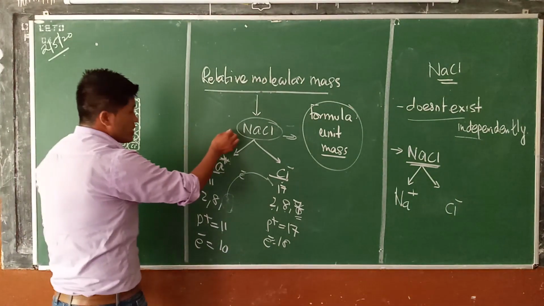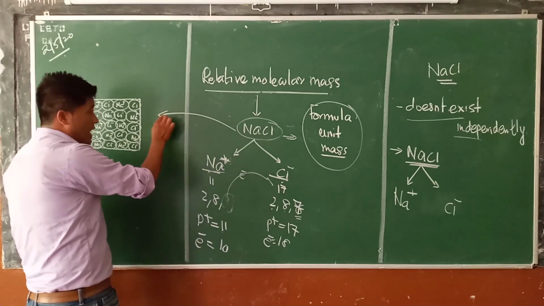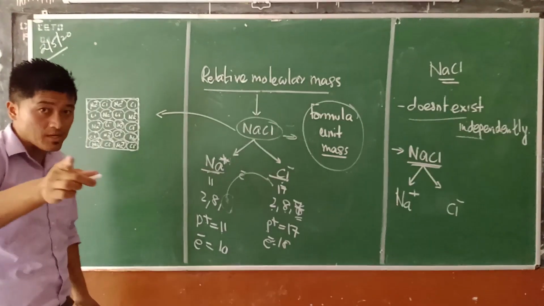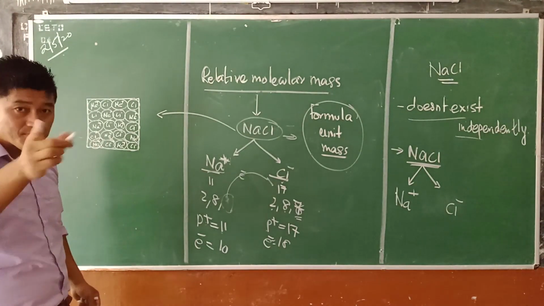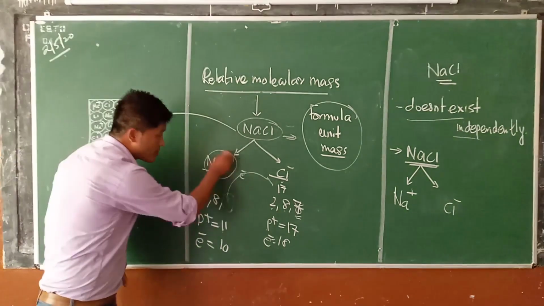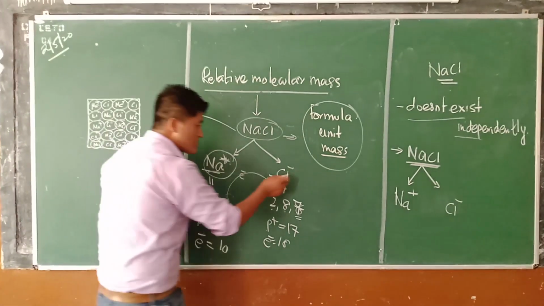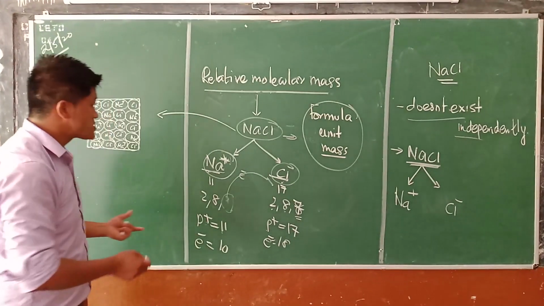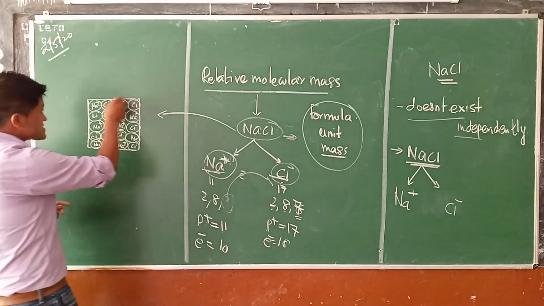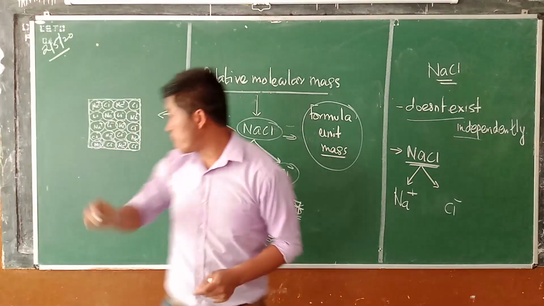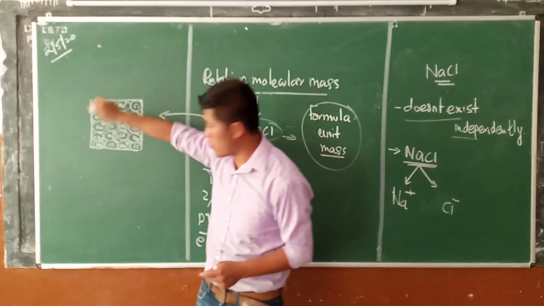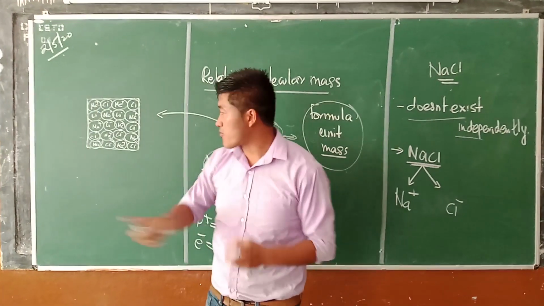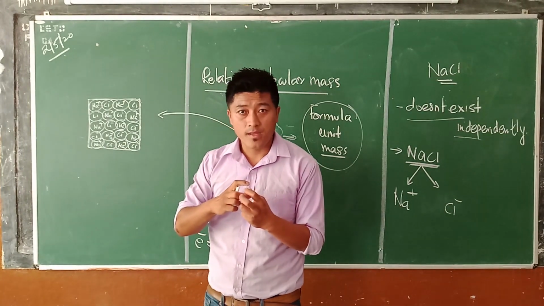Now, an ionic compound means those compounds which have the presence of the positive ion, which we call a cation, and the negative ion, which we call an anion. So, this is a small volume, and in that small volume, so many ions are stacked together.